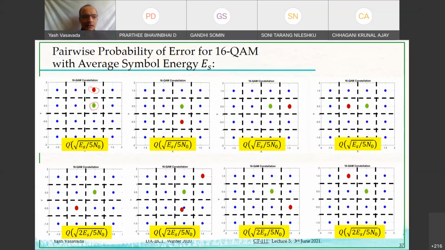When we calculate this error probability, it is as if we have done integration of the two-dimensional noise-induced conditional PDF over this much belt.